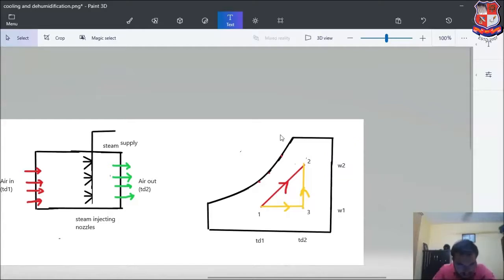Okay, now we can also draw the enthalpy lines.